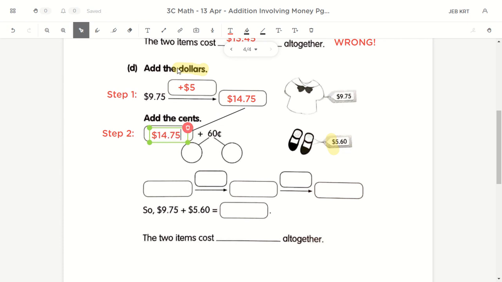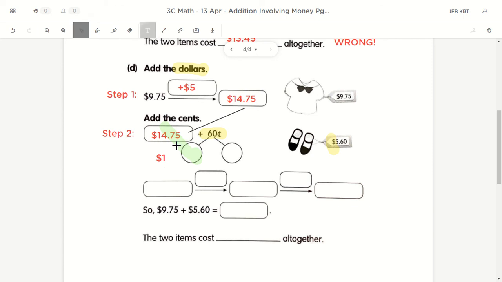Now comes the problem. How should I break this 60? Should I put it into 10 and 50, 20 and 40, or 30 and 30? How to decide? Ask yourself: 75 cents and what will make $1? This one is very important from P1. So 75 cents and what gives you $1?